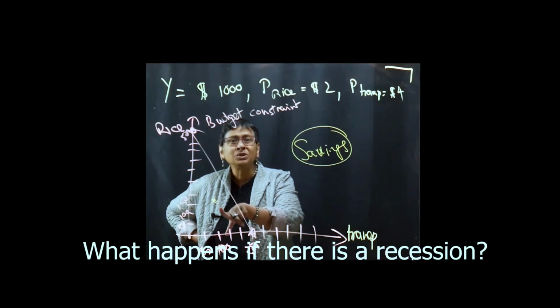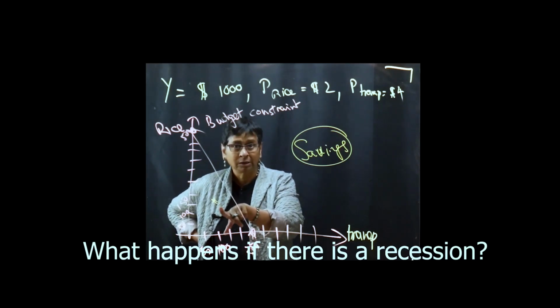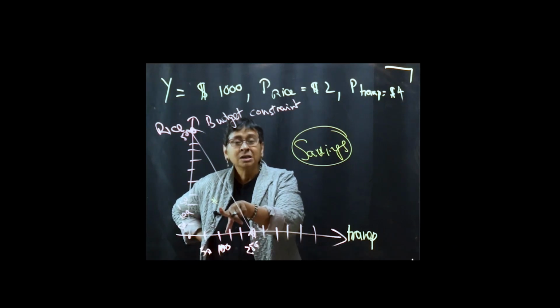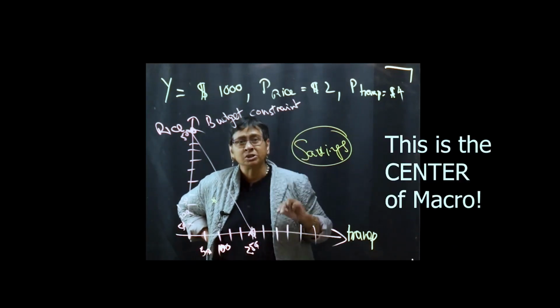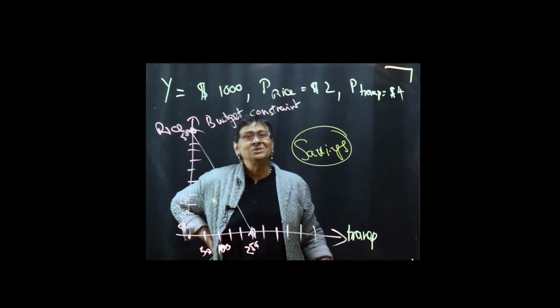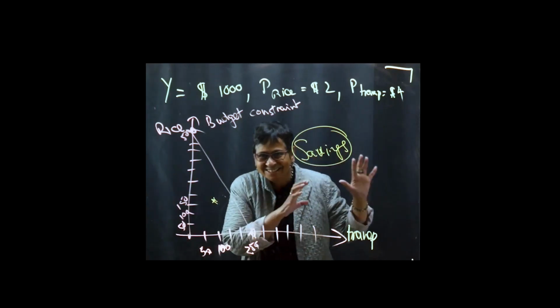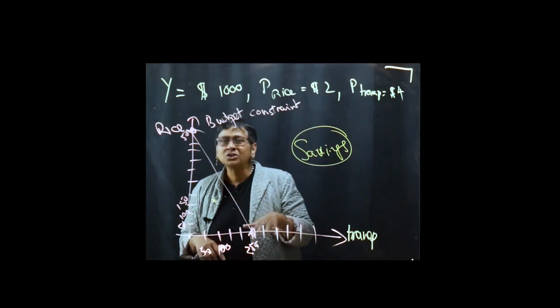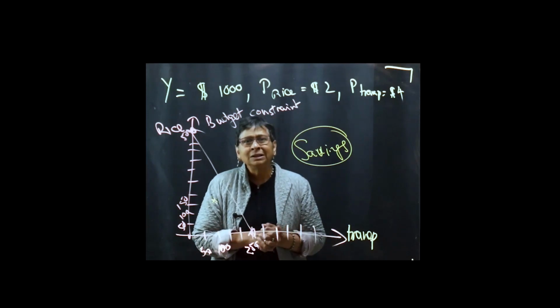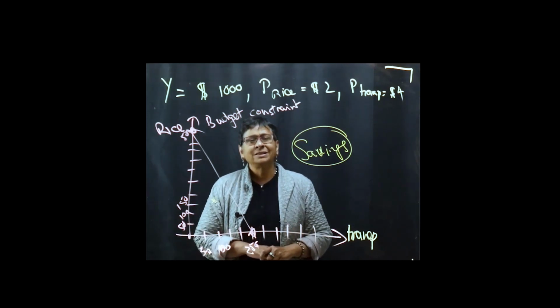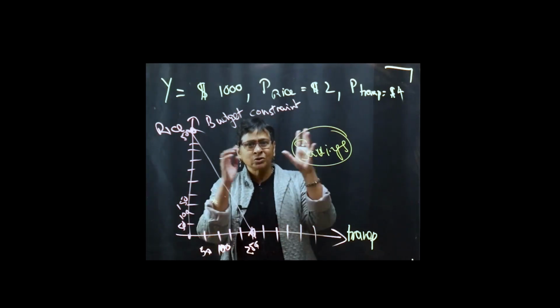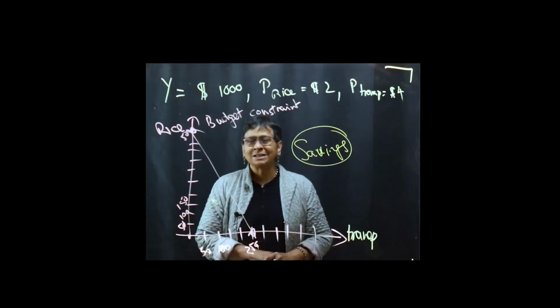Will that stimulus check work? Will it not? This is at the center of macro. So you have to take a whole new course. We're going to set it aside for now, and we're going to assume that in general, people maximize their utility, right? So I'll do more with that in a minute.